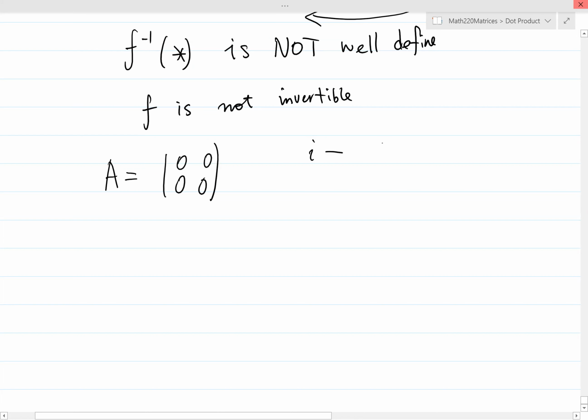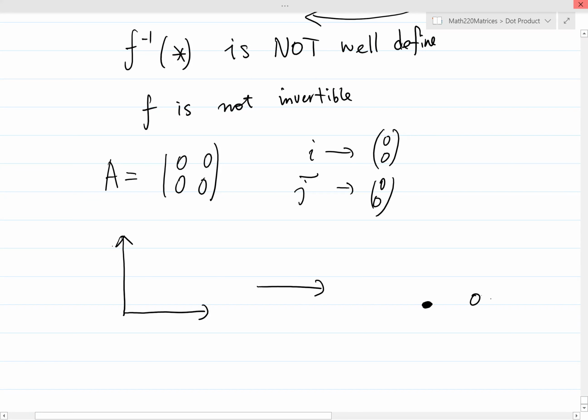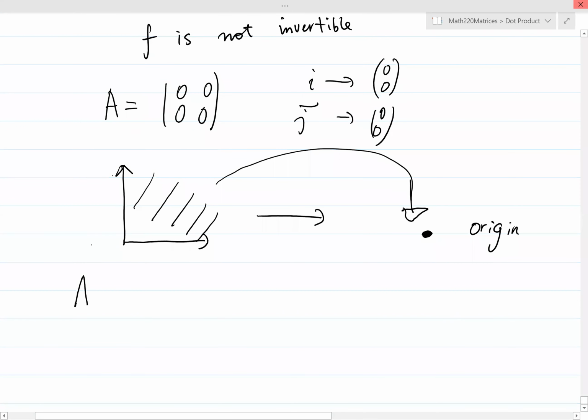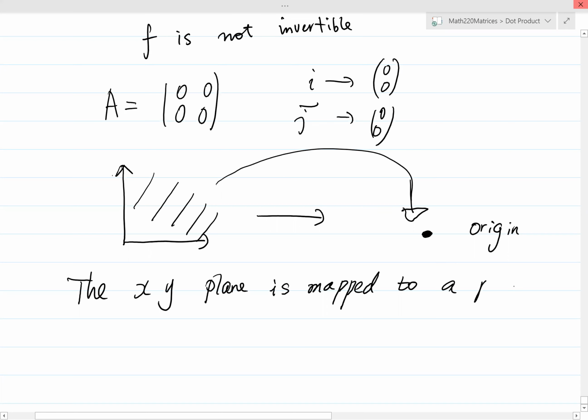So anything I map to the zero vector, i maps to the zero vector, j maps to the zero vector. Then anything on the XY plane maps to a point, the origin O. So the XY plane is mapped to a point, the origin.